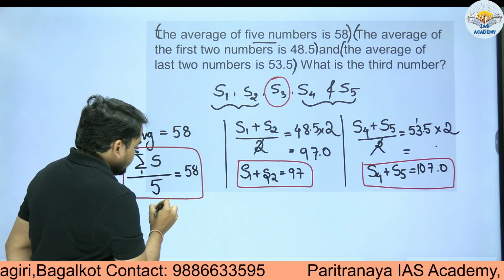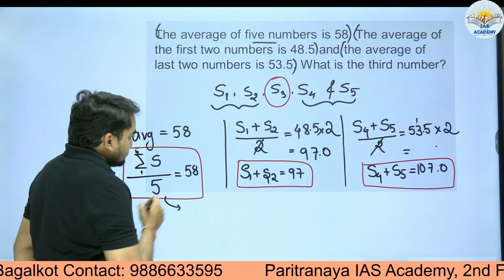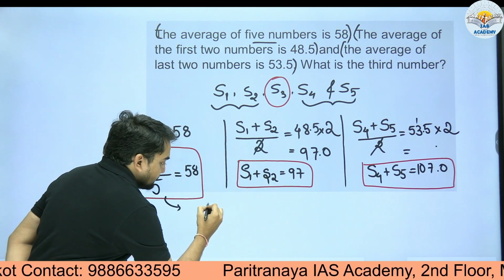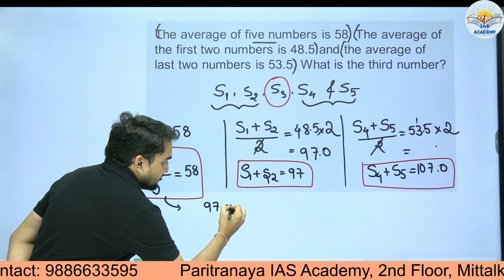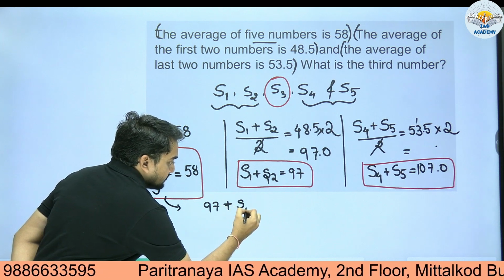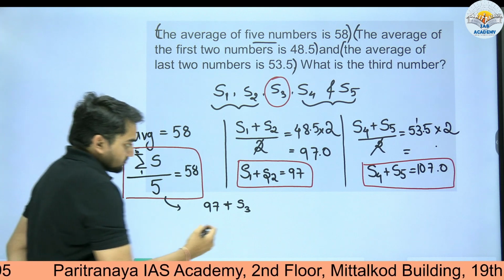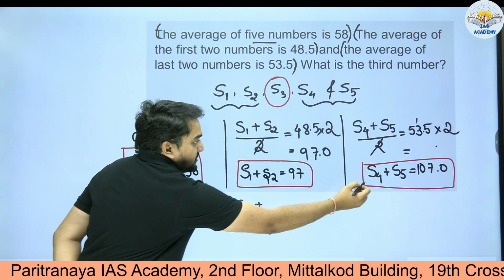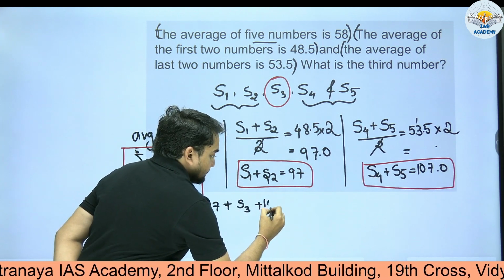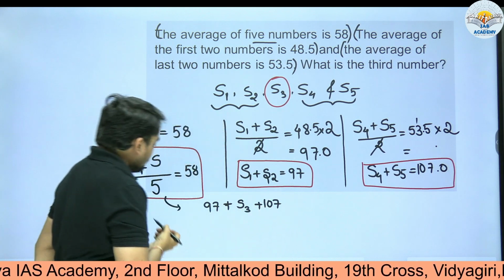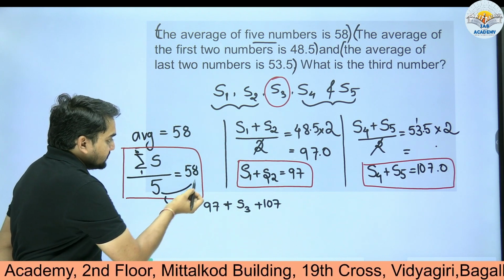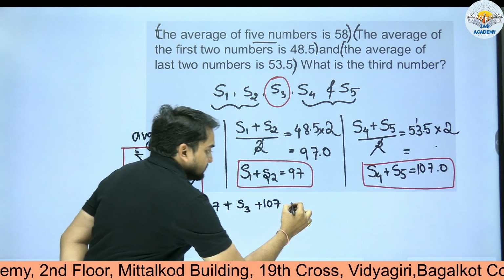See, I'm going to take this. So S1 plus S2 is 97. I know that one. Plus S3 is there. So I'm just expanding this one. Plus S4 plus S5 is 107. Whole divided by 5 is there. I'm just going to multiply here directly.